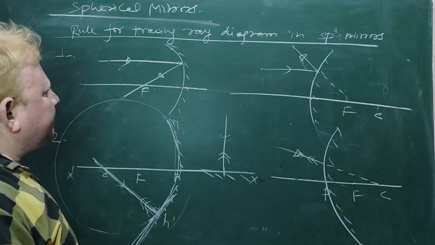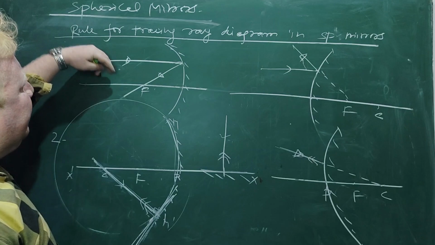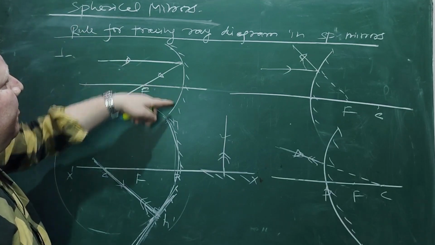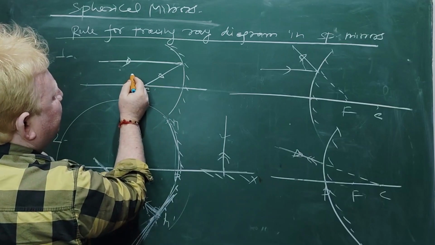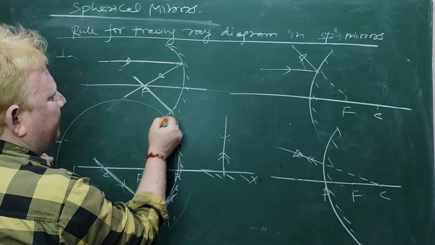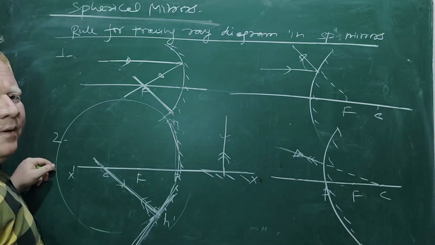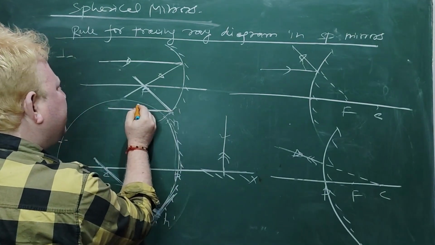And the reverse is also true. Any light ray coming from the focus, after reflection, where do you think it will go? After reflection it will go parallel to the principal axis.